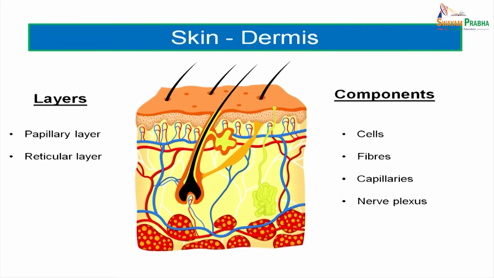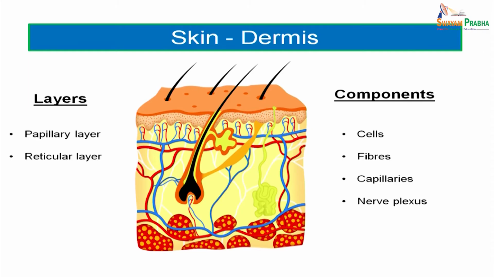and these are called Langer's lines, and they form the basis of many surgical incisions, because if surgical incisions are put along these Langer's lines, there is minimal scarring. But if they are put perpendicular to these Langer's lines, then there is more chance of scarring and delayed wound healing.